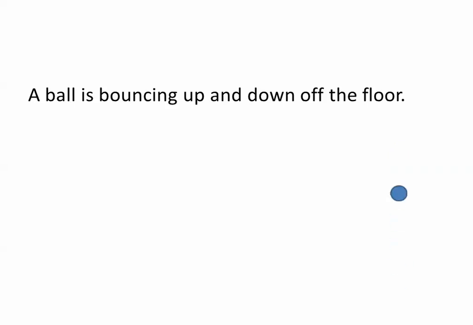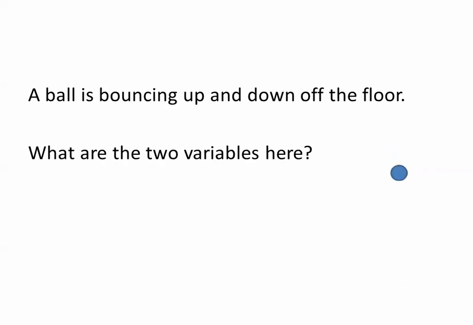So none of those things can be a variable. Those things are all constant and consistent. So what are the two variables? What are the things that are changing? Well, hopefully you say the height of the ball is changing, right? Not the maximum height, but the height of the ball. As it's going down, at one point it's up here, at another point it's right here, at another point it's down here.